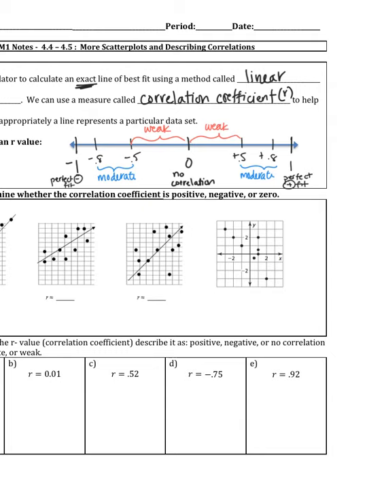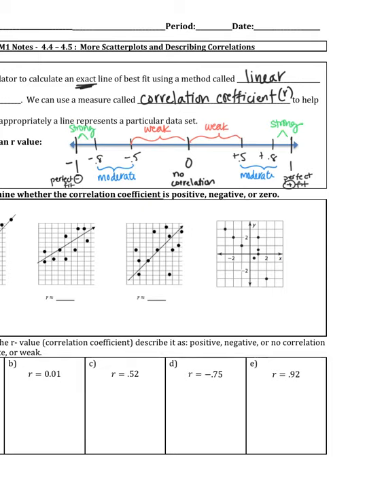And between 0.8 and 1, we consider this a strong linear fit. So the points fall very close to that line of best fit, and they look like they fall in a more direct line.